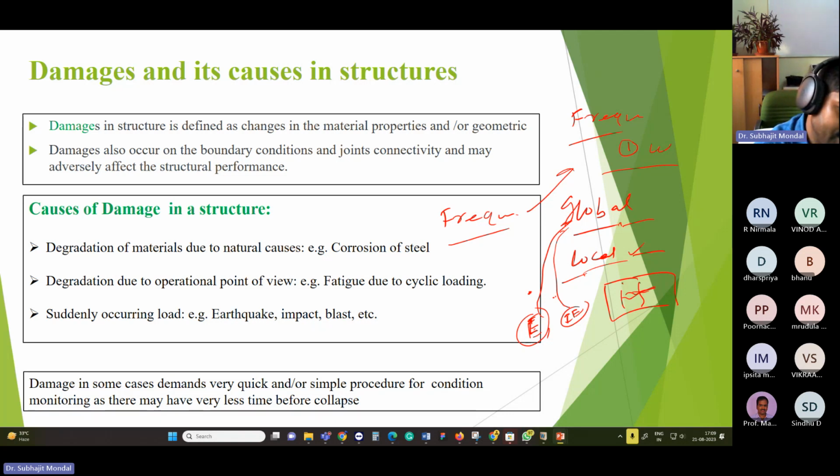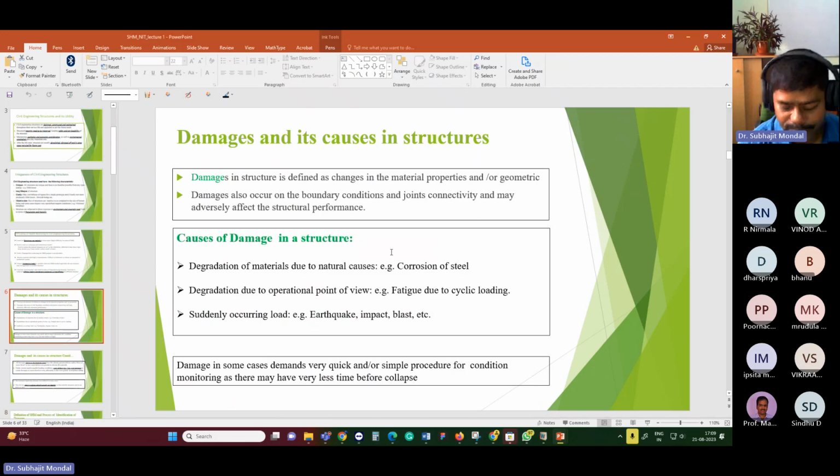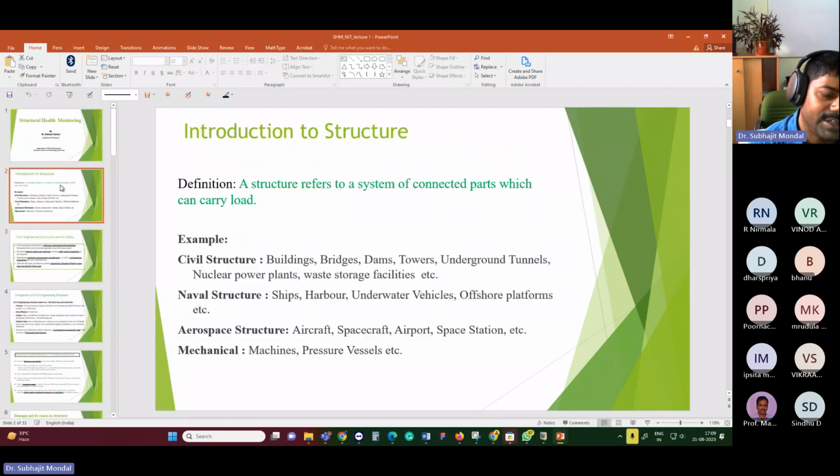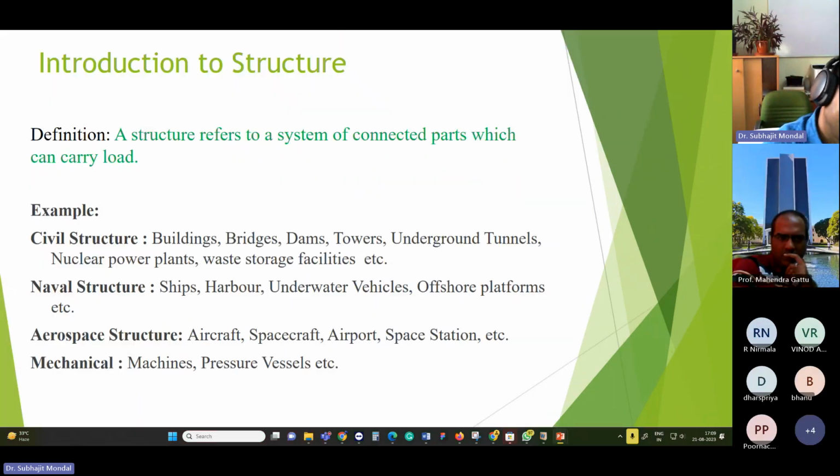Okay, now the problem for our civil engineering structures is that they are very huge in nature. You'll observe that the research which has been carried out till now initially developed in computer science or in applications of ECE.